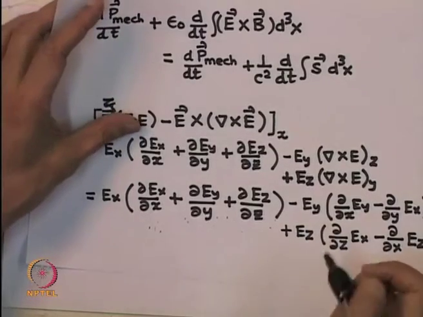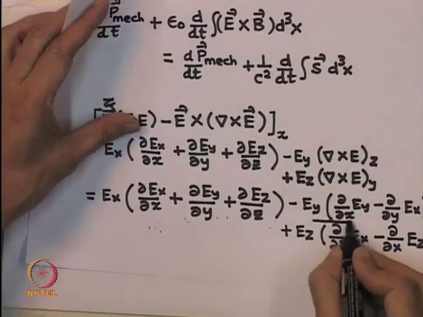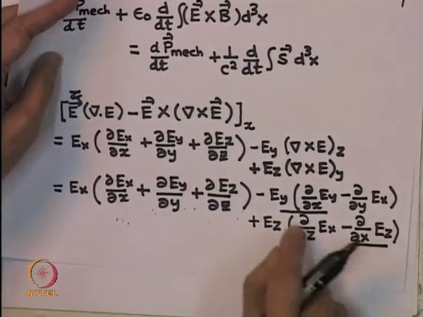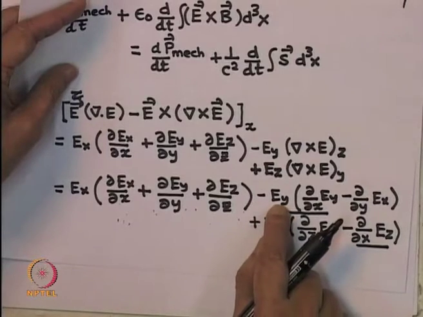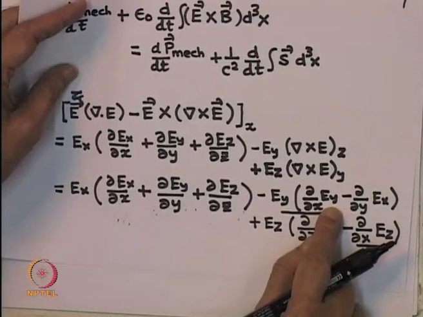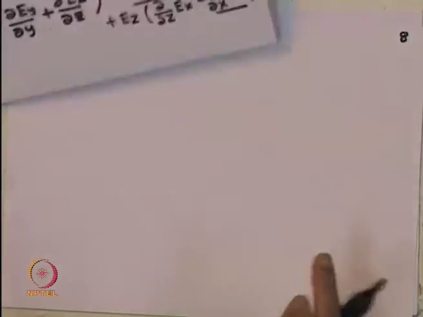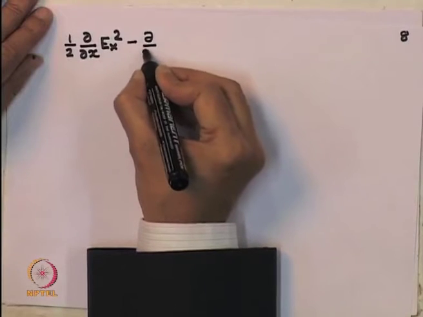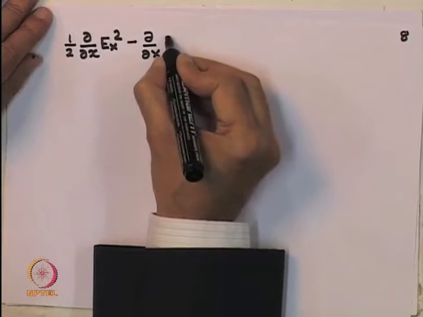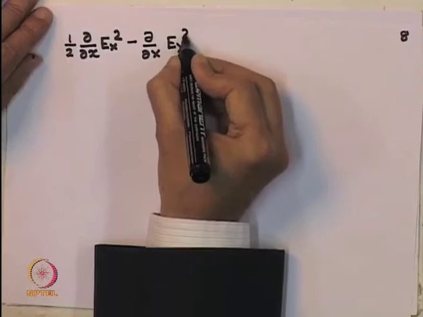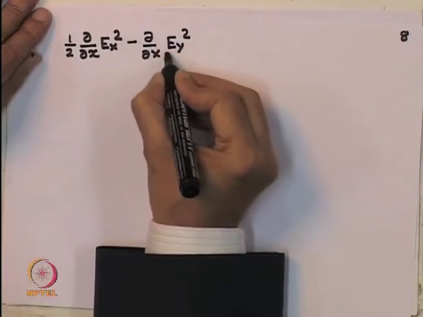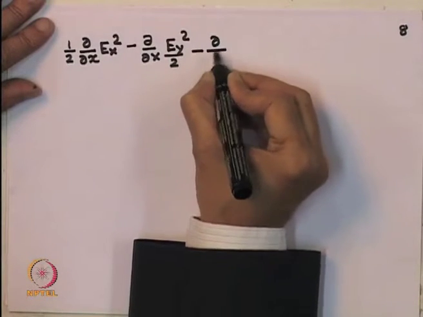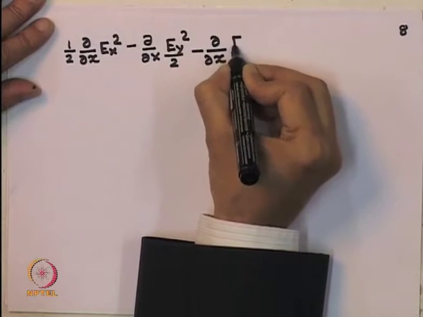Here is one term and here is another term. Look at what this is. This is minus E y d by dx of E y, which is minus d by dx of E y square, but 1 by 2. Let me write 2 here. And likewise, the other term is also d by dx of E z square by 2.